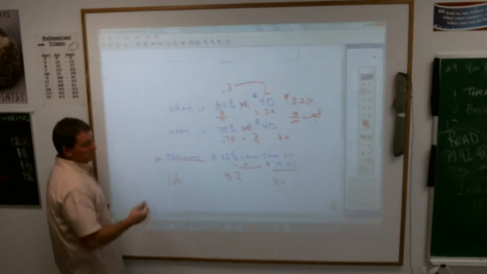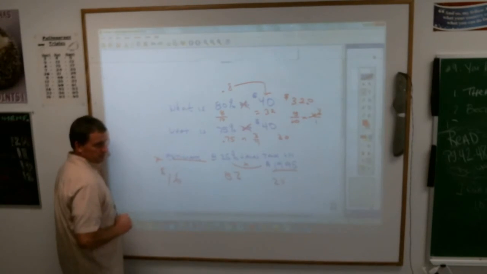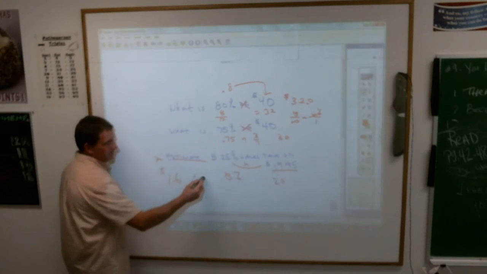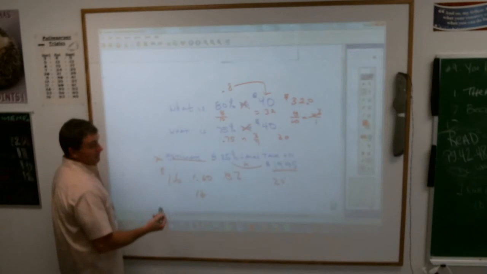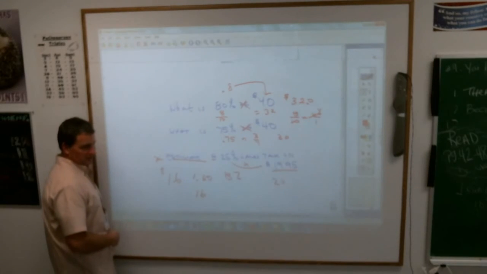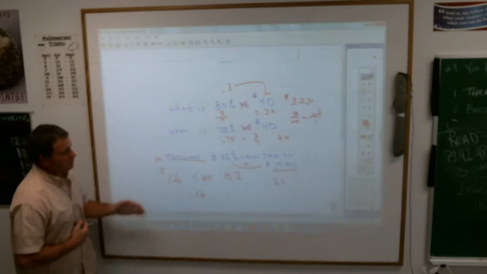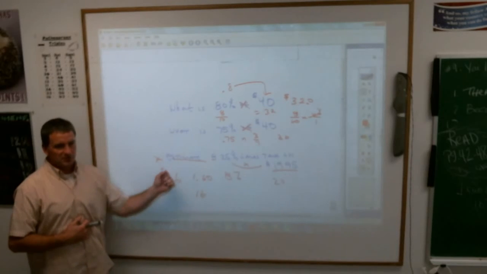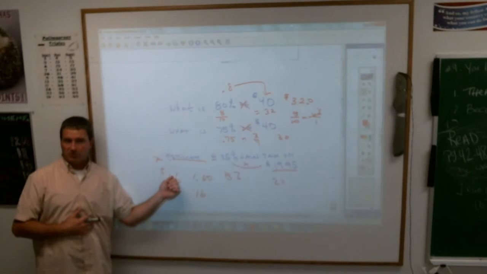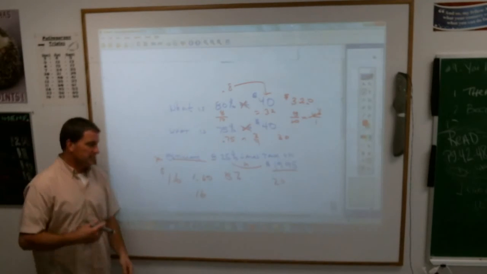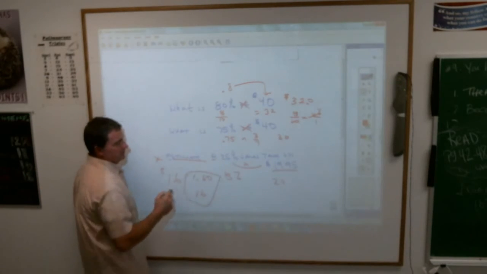So your choices are $16, $1.60, or 16 cents. There's nobody who's going to charge you $16 on a $20 purchase. So that leaves 16 cents or $1.60.